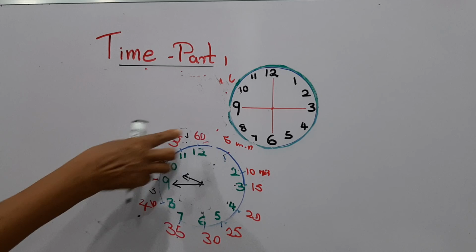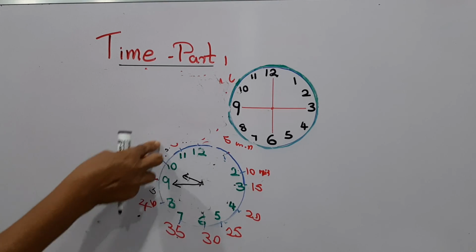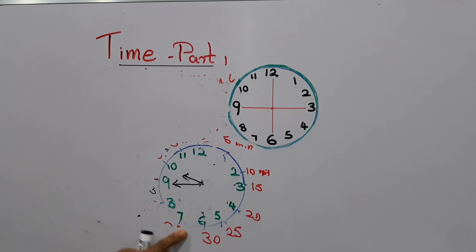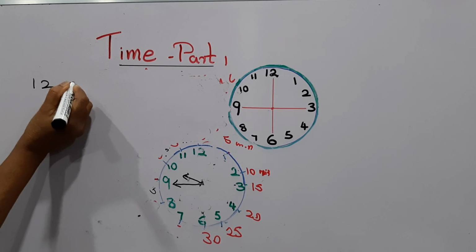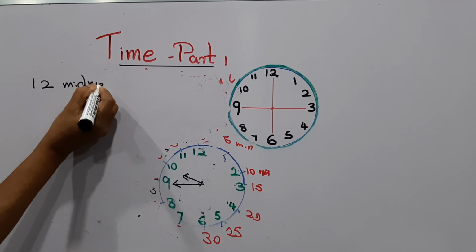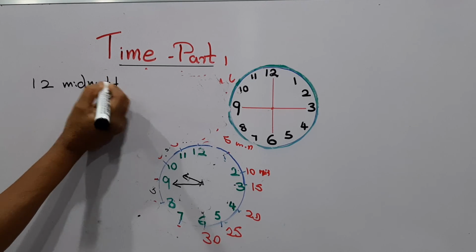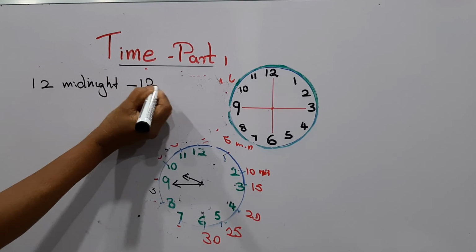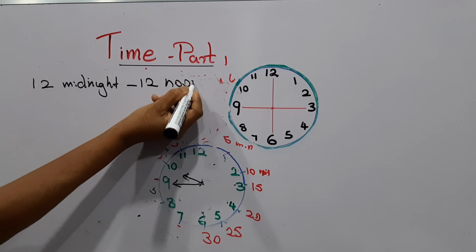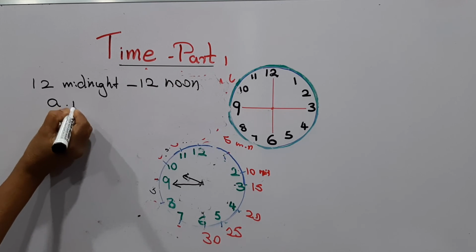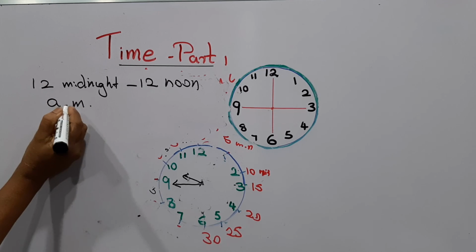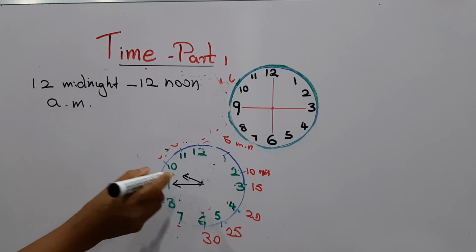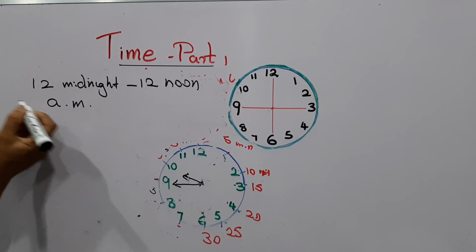And when we are telling the time from 12 midnight to 12 noon, we use AM. That means ante meridiem. Before noon, we use AM. The time is 7 o'clock in the morning.